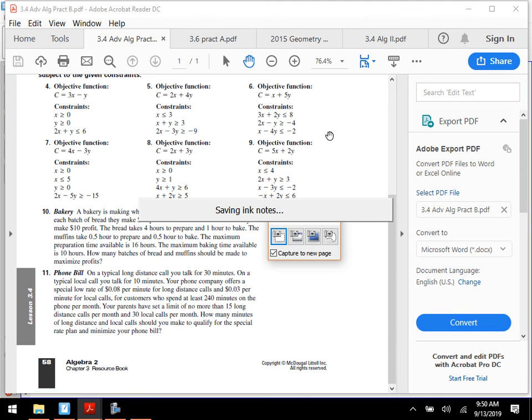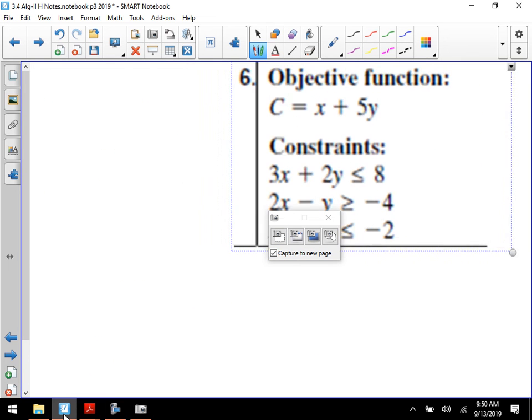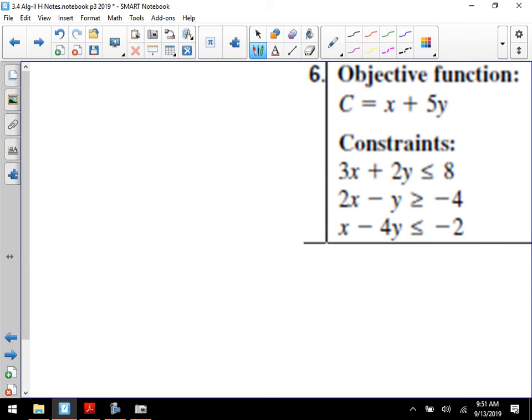So let's get to 6. Number 6, we have an objective function, and we have 3 inequalities. The 3 inequalities are straight inequalities. There is not one that says x is greater than or y is greater than. All 3 of them have lines that we have to plot, which means we're going to have to find some intersection points.